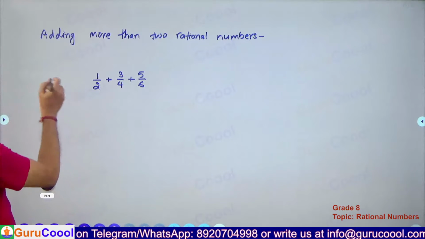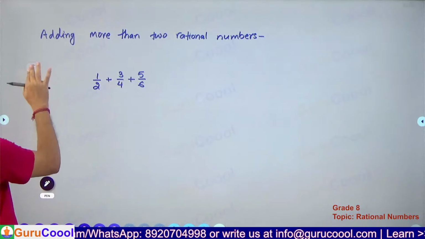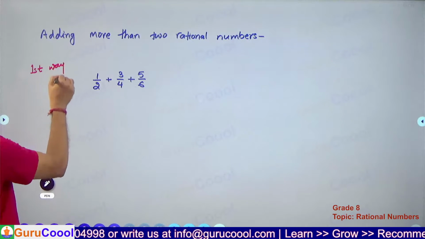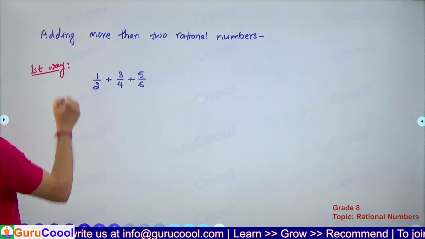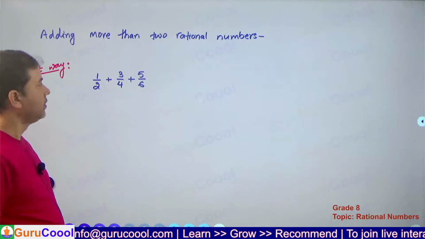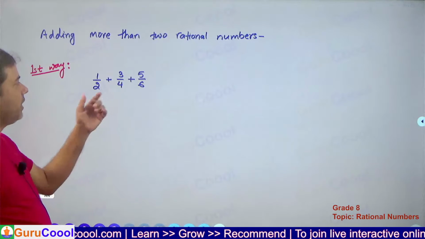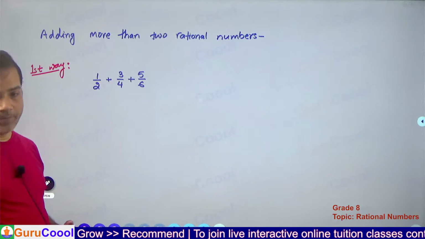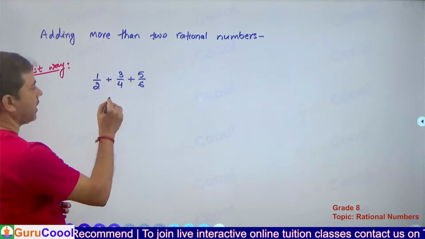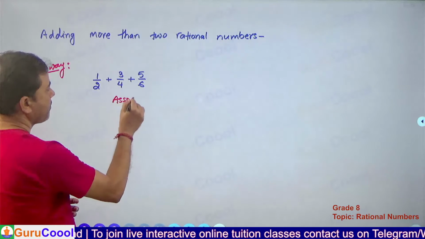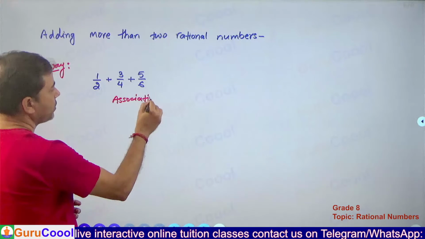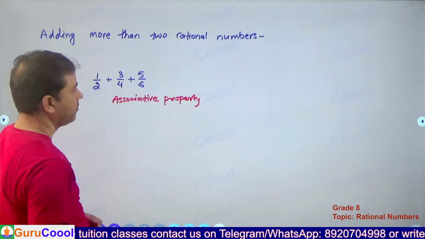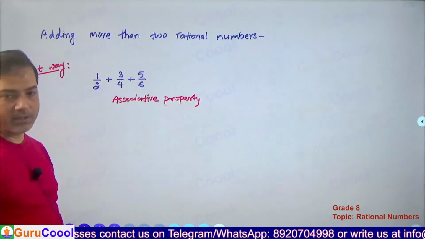See, first way. You will use the associative property this time. What do we do in this?